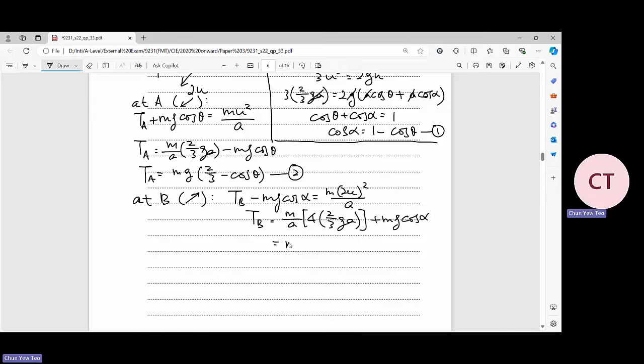You factorize the mg out, then you will get 8 over 3 plus cos alpha. That is your equation number 3.